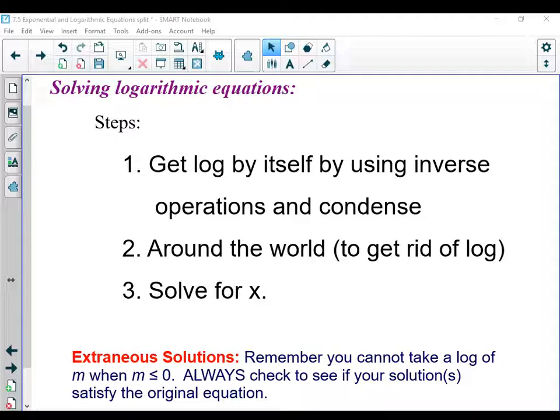Again, you already have the extraneous solutions part written down from yesterday, but remember you can't take the log of a negative number or 0. We always need to check for those extraneous solutions.